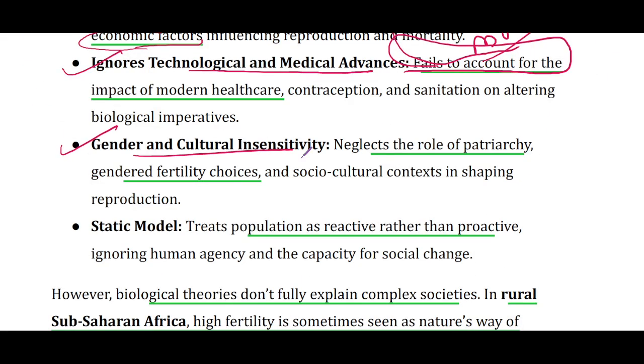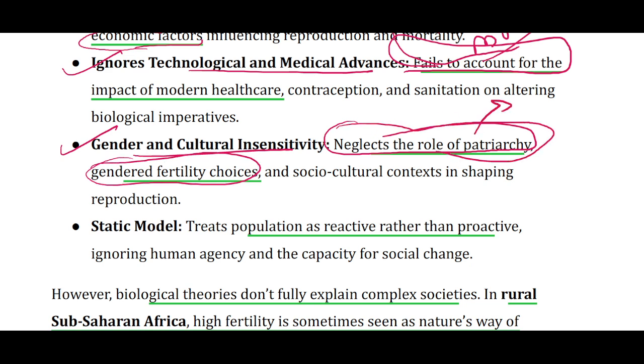Then gender and cultural insensitivity: the biological theory neglects the role of patriarchy and gendered fertility choices. Patriarchy is a rule that prefers a son, a male heir.